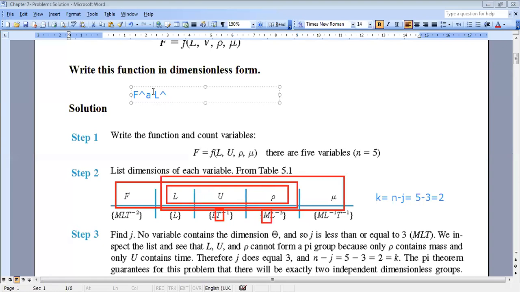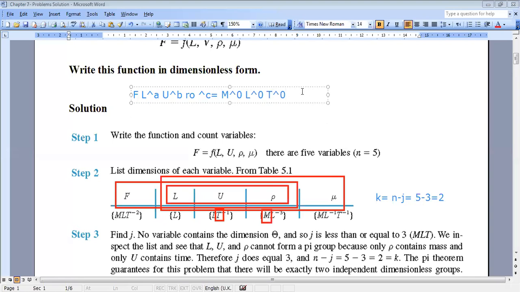You do F to the power A times L to the power B times U to the power C. For F it's not necessary to put a power, no need, we take the power of F as 1. So we have L to the power A, U to the power B and rho to the power C. To form a group, this should be equal to M to the power 0 times L to the power 0 times T to the power 0. Okay, so this is the condition to have a group.